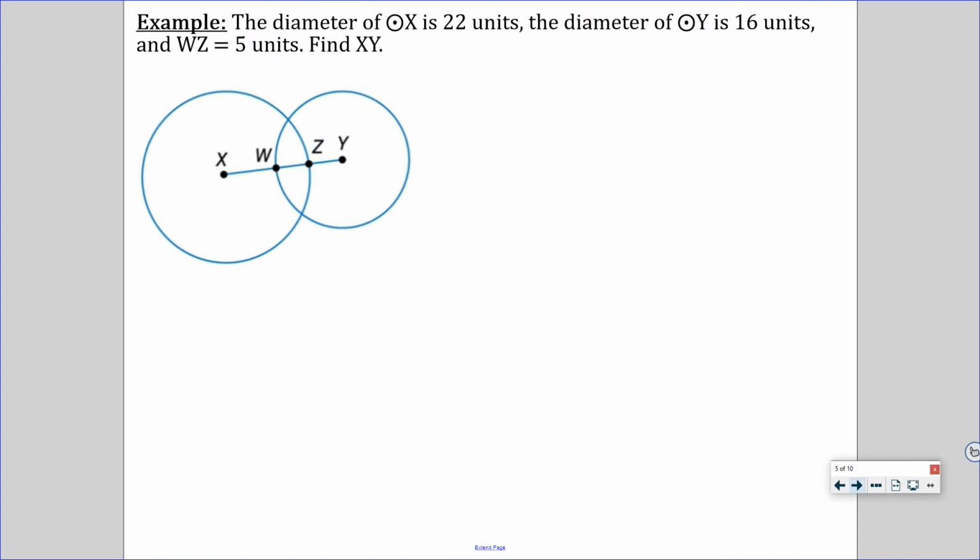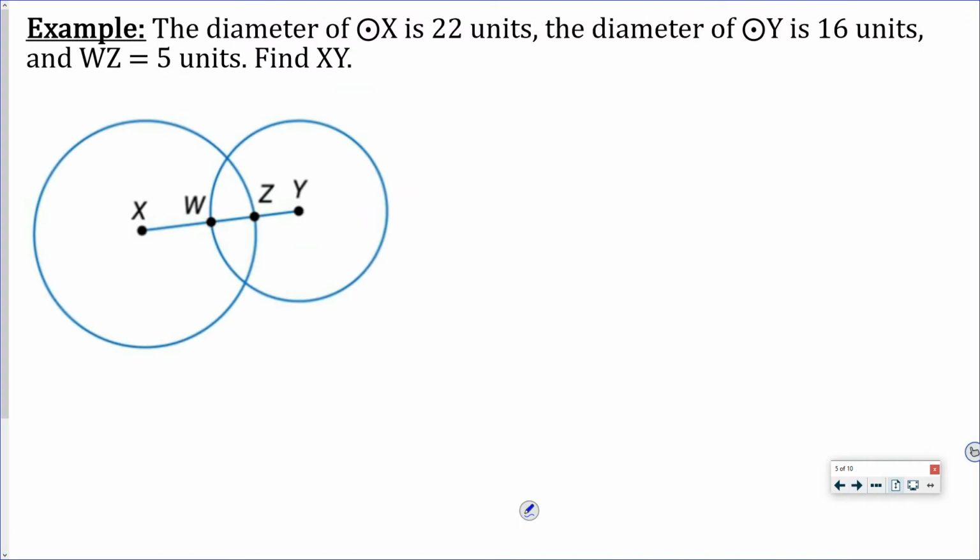All right, so here we go. We have two circles intersecting in two points. Here's our information given. The diameter of circle X is 22 units. Here's circle X, I'll highlight it in blue. Now, I only see a radius drawn here.